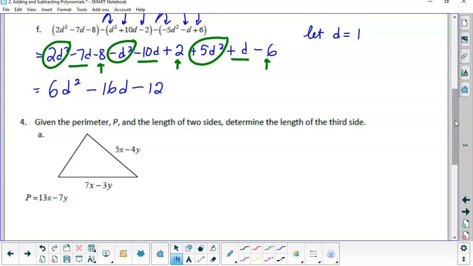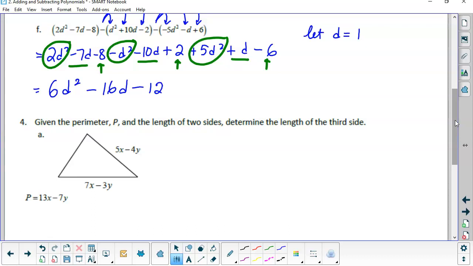You might be able to figure it out without, right? Because if this is the whole perimeter, you're going to subtract 7x and subtract 5x. Here, you're going to subtract a negative and subtract a negative. So that's where showing the work might help you, because when you're looking at it, you might forget to subtract a negative.